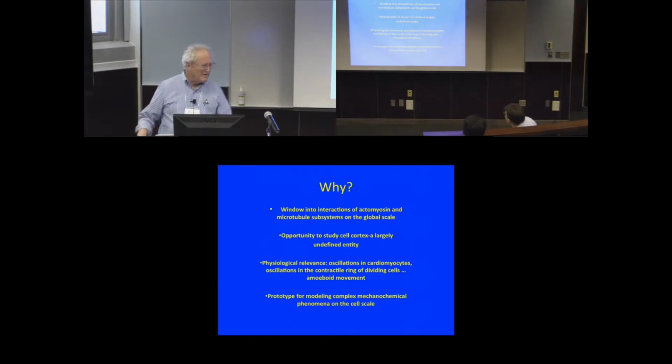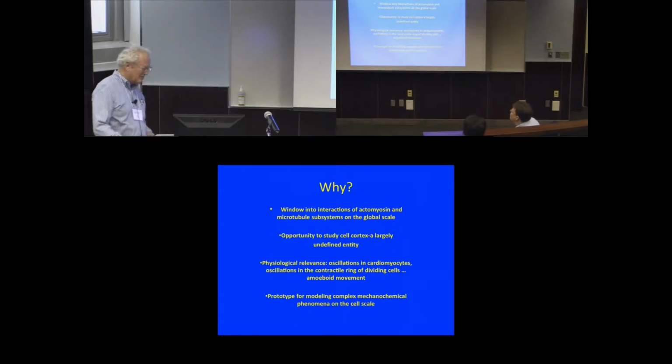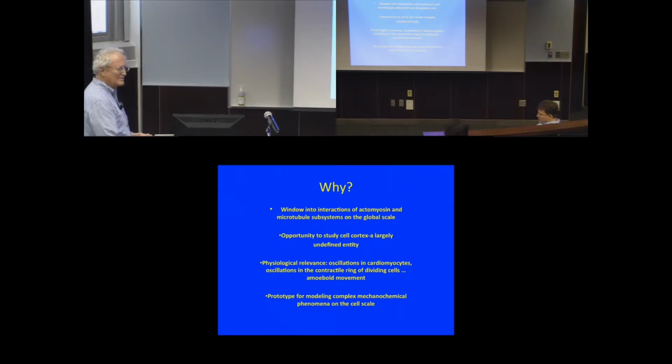And so you might ask why we would be interested in this. Well, one is I think it gives us a window into interactions of the actomyosin and microtubule subsystems on a global scale. It's the opportunity to study the cell cortex, which is largely an undefined entity. It has some physiological relevance.